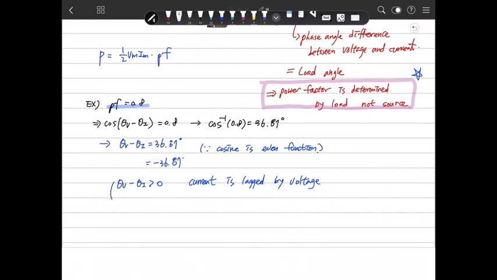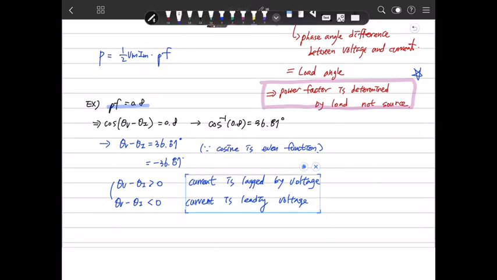Or if theta V minus theta I is negative, then we say the current is leading the voltage.